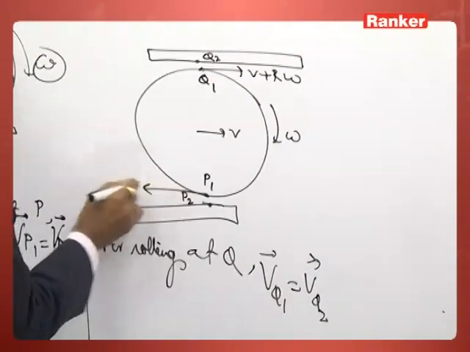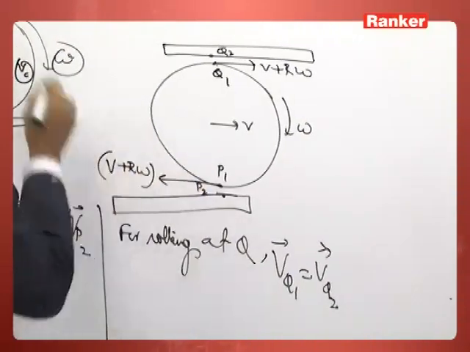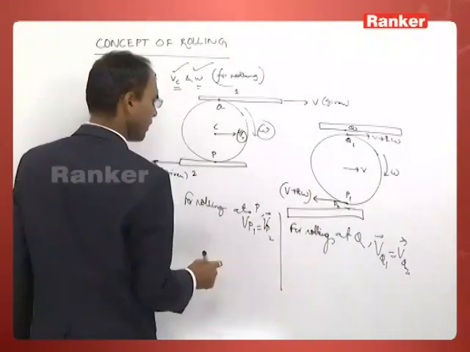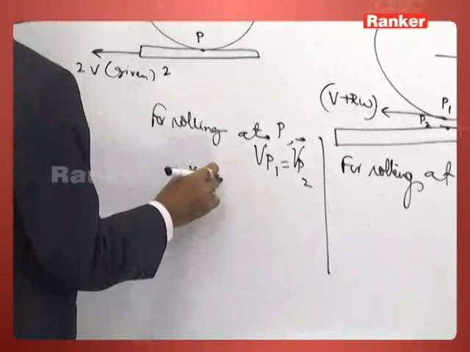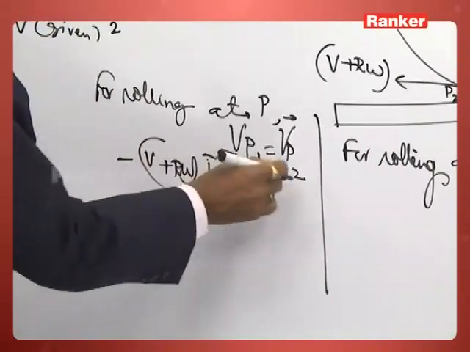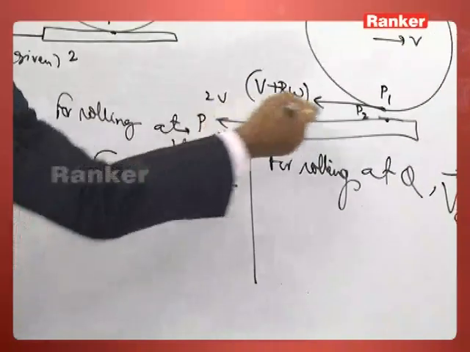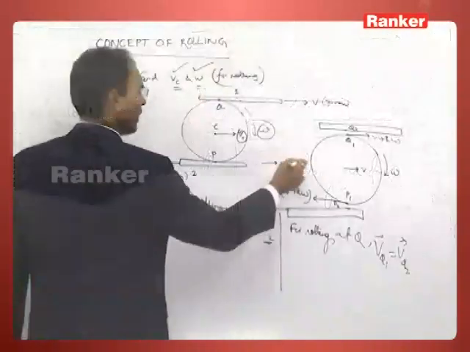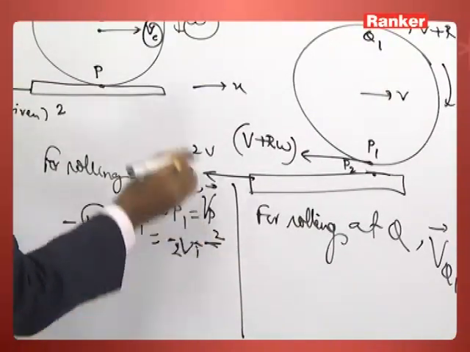So Vp1 is equal to minus V plus R omega i cap, and Vp2 is equal to, this is pulled in negative x direction with velocity 2v, therefore it is minus 2v i cap.